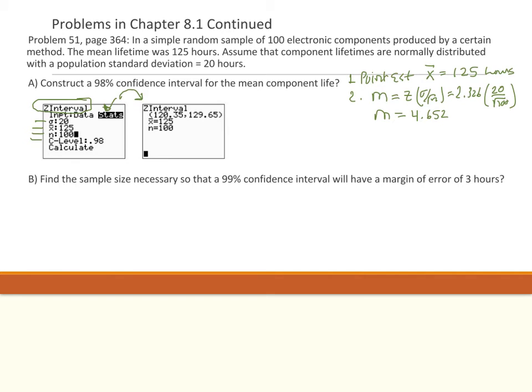Now, we want to calculate our 98% confidence interval. So, we have a lower bound equal to x bar minus our margin of error, which is equal to 125 minus 4.625, and if we round to 2 decimal places, we end up getting 120.35.